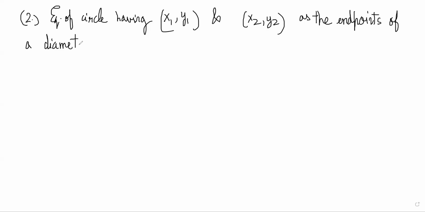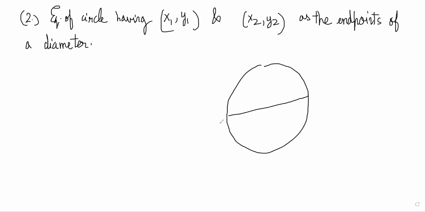So in this way we can write an equation of a circle in this case also. So think about it. This is a circle, and if x1, y1 and x2, y2 are the endpoints of a diameter, then the center is the midpoint here.